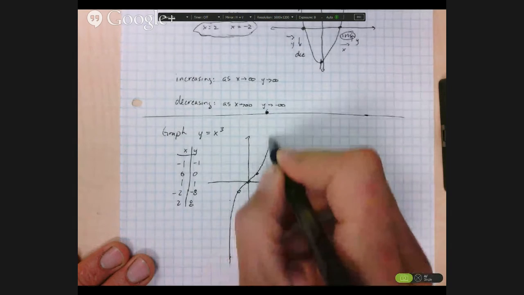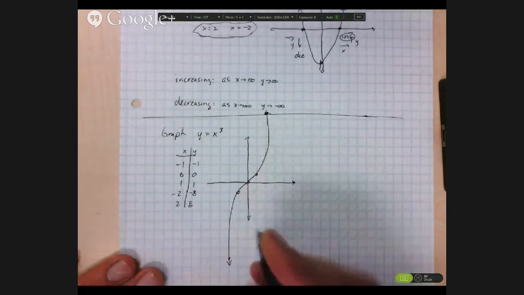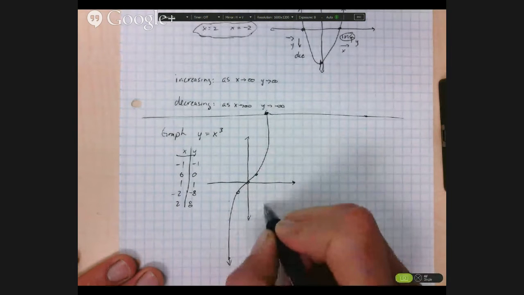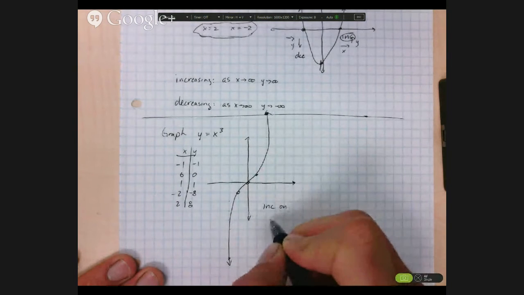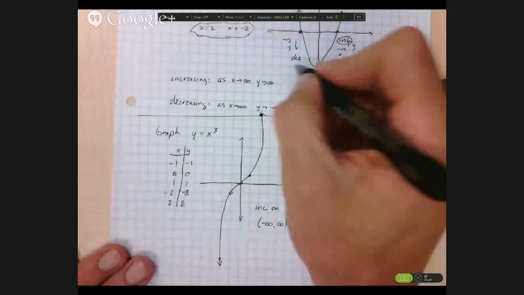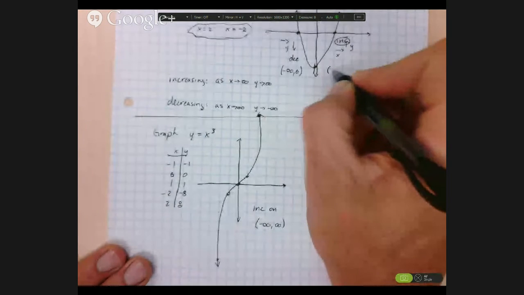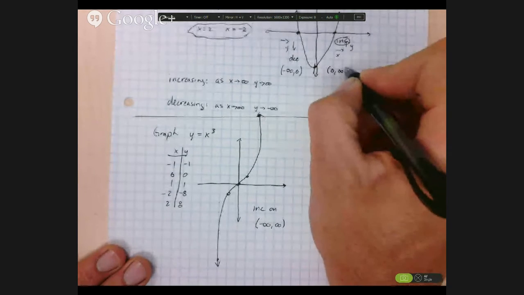This does this. Okay, that's y equals x cubed. It is increasing on the whole interval. Okay, this one's decreasing from negative infinity to 0 and increasing from 0 to infinity.